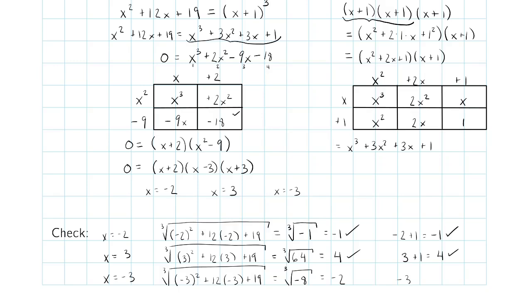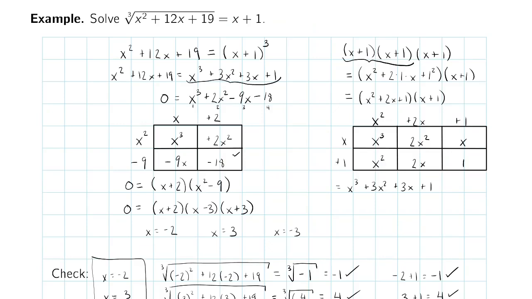And meanwhile, negative 3 plus 1 is also negative 2. So all three of those numbers really were solutions to our original equation.